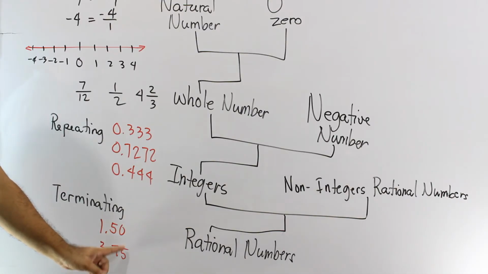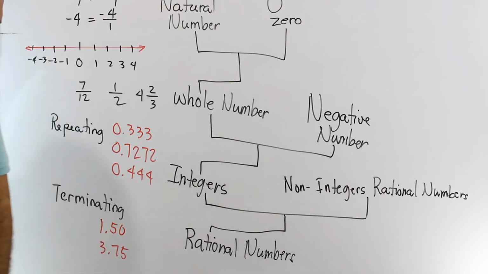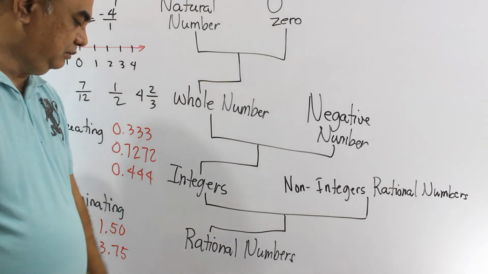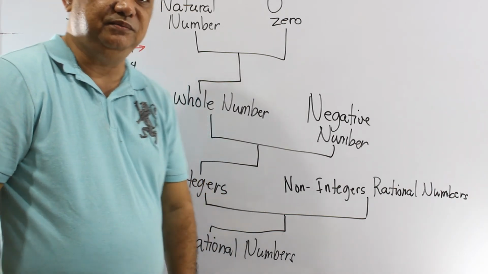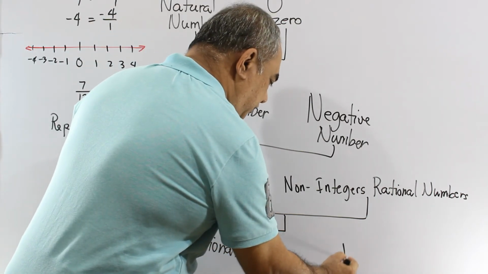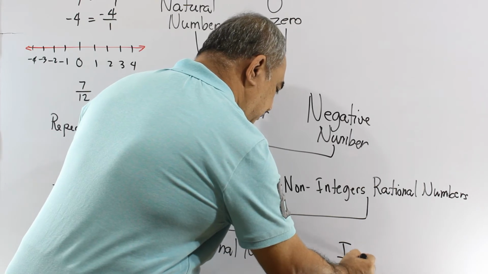So the decimal terminates on 5. So if the value of a fraction or a number either repeats or terminates, then we say that that number is a rational number. And finally, across the rational numbers, we have the irrational numbers.